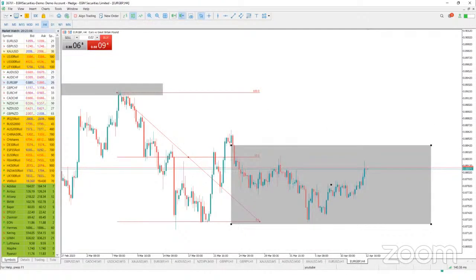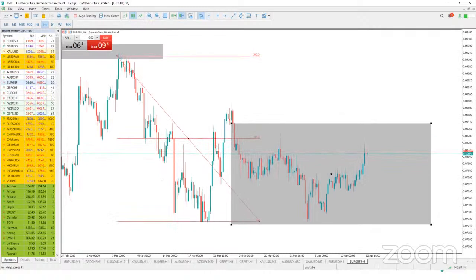Remember, in our other sessions, we looked at order blocks. So when the price pushes or pulls back to this premium zone, that's where you want to identify potential order blocks, or even fair value gaps.